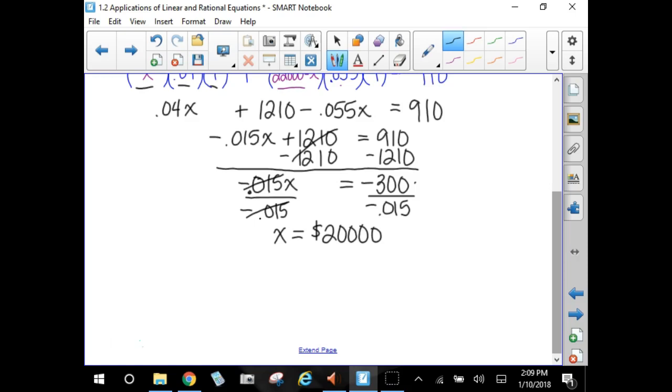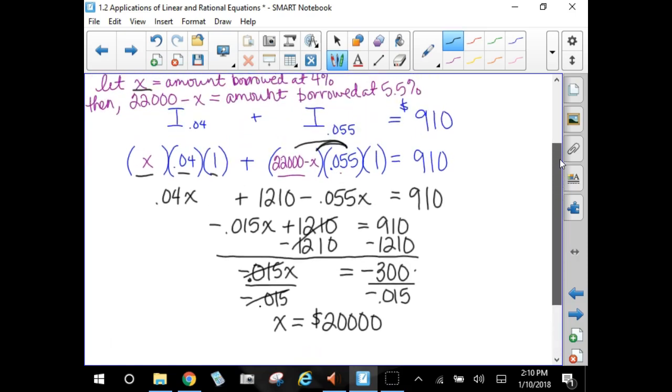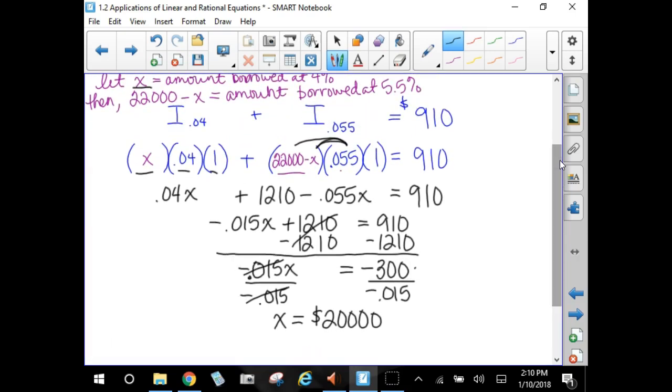You want to label your answers to these application problems. The label here is going to be the dollar sign. She borrowed $20,000, and again, go back up to your sentence and see what X was. She borrowed $20,000 at 4% from that first bank.